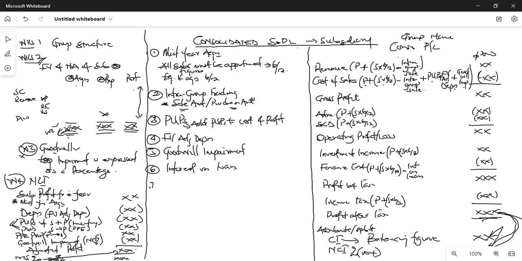Trick 7 is when they bring dividend in the question. Now, remember in this place, financial reporting, we are not meant to be preparing consolidated statement of changes in owner's equity. Other than that, if the parent actually pays the subsidiary dividend, it has to be shown in the statement of changes in owner's equity. All right, but here it's outside our scope.